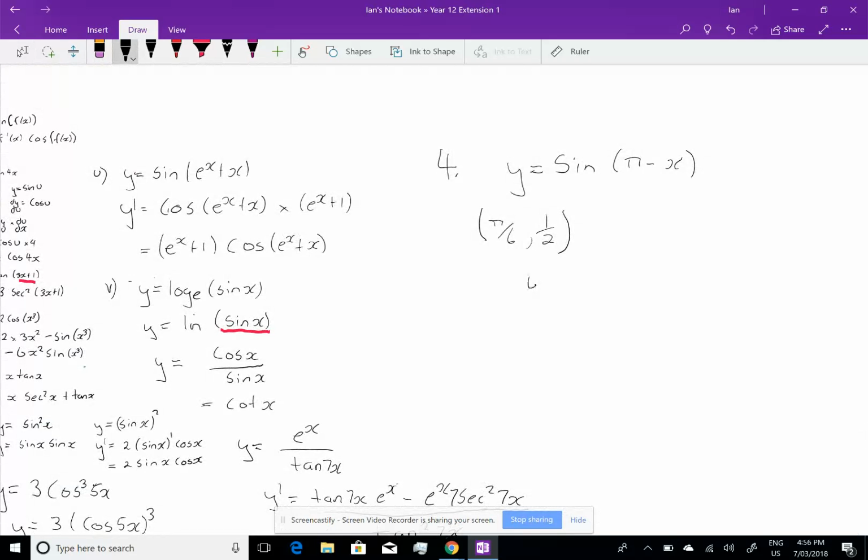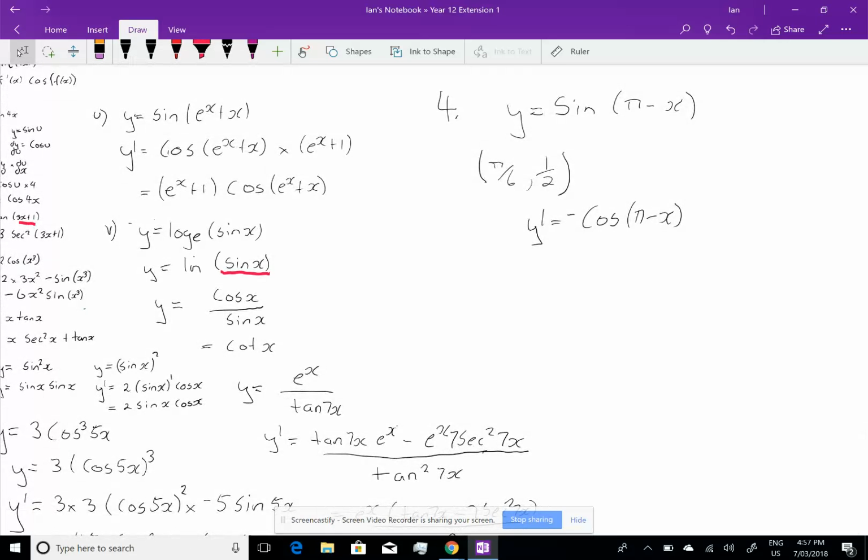So we differentiate and get y dash equals cos of pi minus x, and we're multiplying by the derivative, which is -1, so I'll put a negative in front of it. Now, that's a gradient at any point. We needed it when x is pi on 6. So when x equals pi on 6, we get our gradient m of the tangent equals negative cos of pi minus pi on 6.